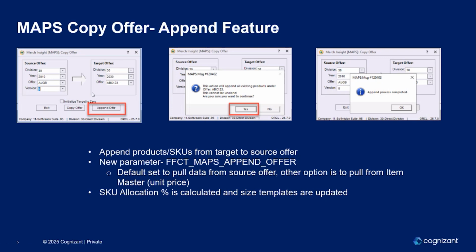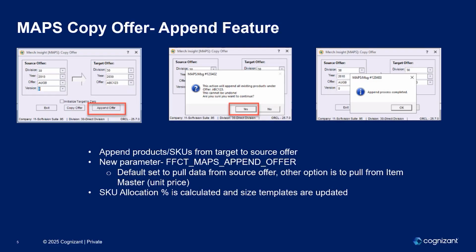The purpose of the copy offer is to copy all the products and SKUs from the source offer into the target offer. If you'd had anything previously entered into that target offer, the copy functionality overwrites it or deletes it if it doesn't exist in the source offer.